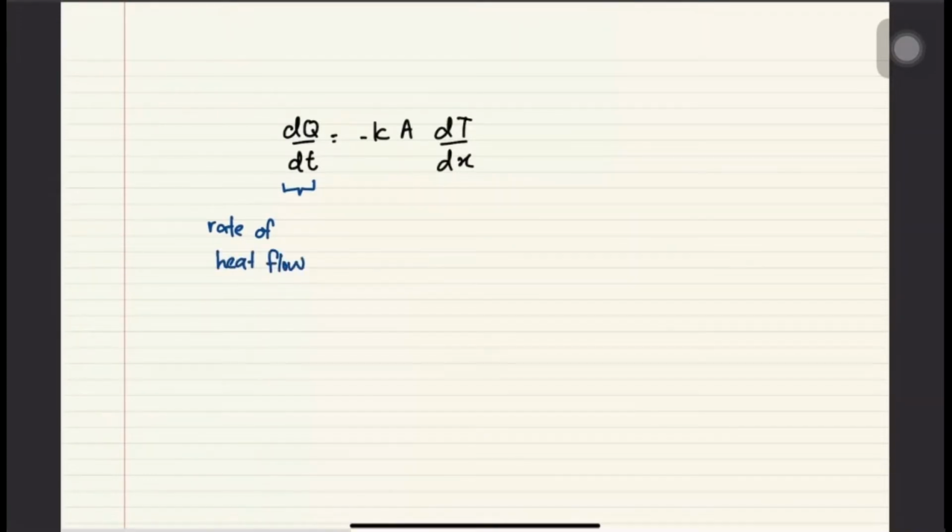Okay. The K over there is the thermal conductivity. A is the cross-sectional area.